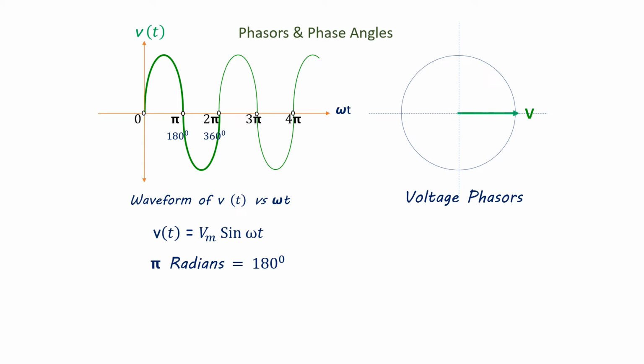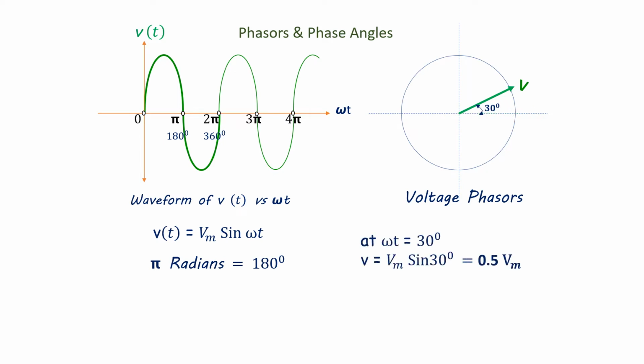You are now seeing the voltage phasor at 0 degrees. At 0 degrees, if you calculate from the equation, V is equal to Vm sine 0, its value is 0 from the waveform. Now the voltage phasor has rotated 30 degrees.